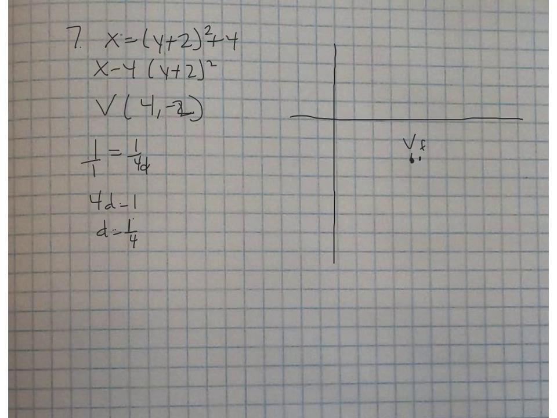So the coordinates for the focus would be 4.25, negative 2. The directrix is 0.25 on the other side. So there's the directrix. So the equation of the directrix is that it touches the x-axis at 3 3/4 or 3.75 if you'd rather have a decimal.